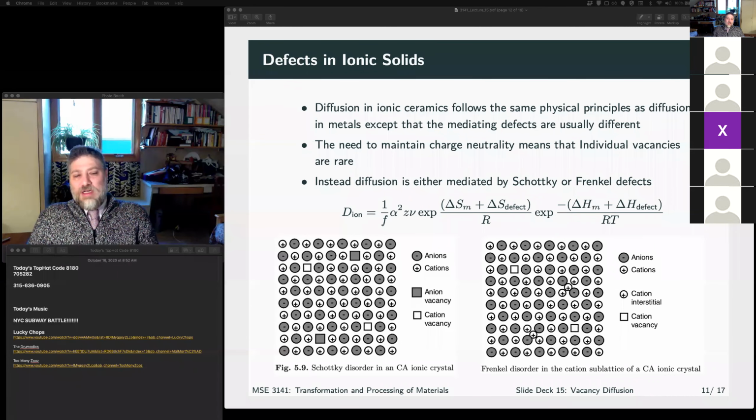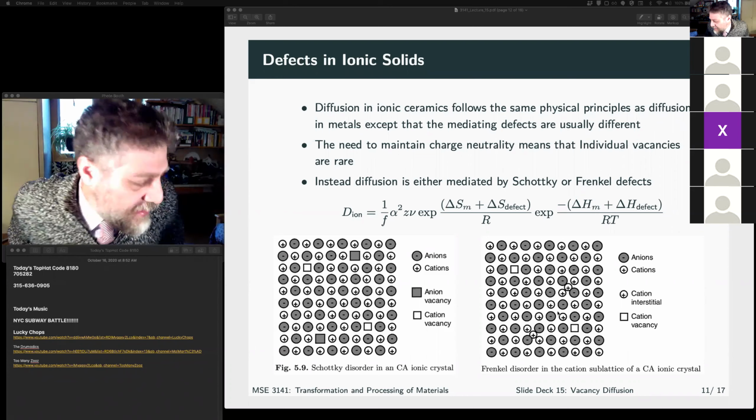We know that the band structure is such that we don't have any electrons in the conduction band, right? So really the only mechanism for electronic conductivity is going to be the movement of ions. So electronic conductivity and ionic conductivity are intrinsically coupled in ceramics.